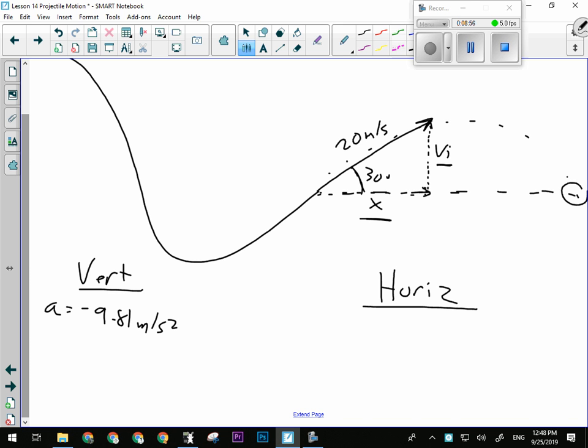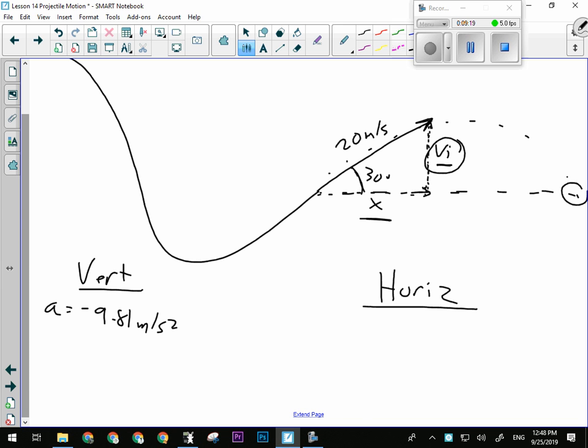If I find this side of his projected velocity, that will be his initial vertical velocity: how fast he was moving in an upwards direction at time 0, at the time of launch. So how would I find that side, or that y component? Right, I'd use sine, just like we did back when we were doing vector addition.